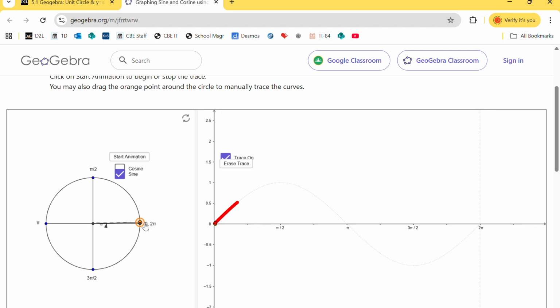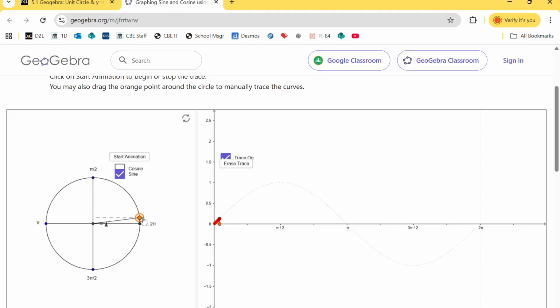So you can see when sine is 0, right? Sine is 0. If x is 0 radians, then sine is also 0. So we don't see a trace yet. When we get to about 1/2, right, the sine value. So let's back this up.